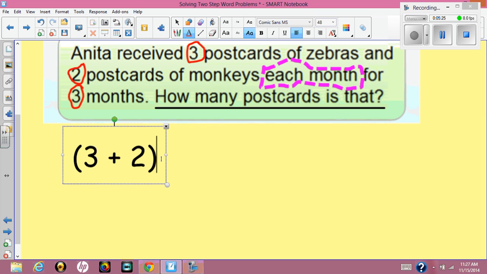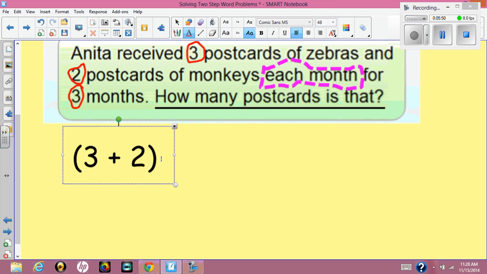Okay, 3 plus 2. Now, that's how many she received each month, but we know that Anita received them for 3 months. And our question again is, how many postcards is that? So we are going to have to figure out how many she received in those 3 months.